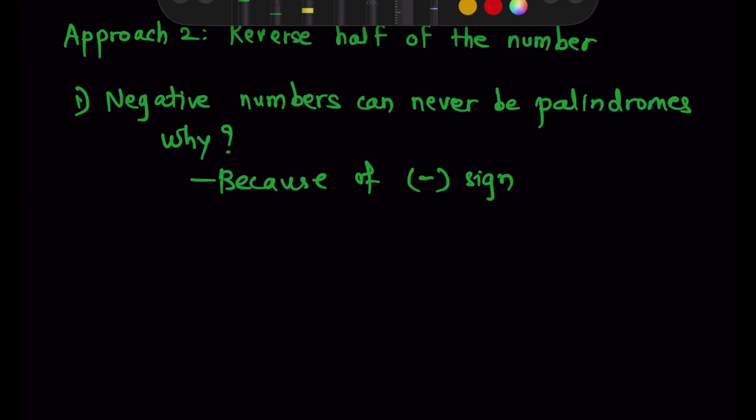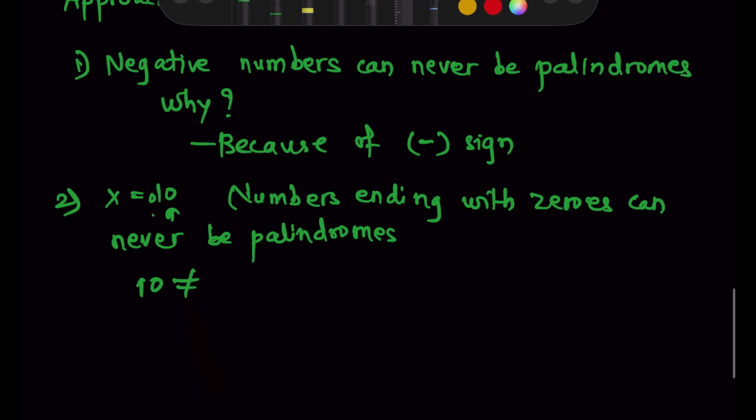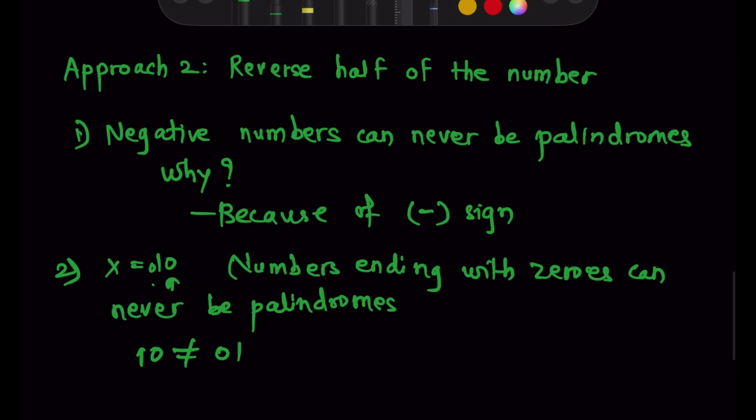So we can safely assume that negative numbers are never palindromes. Second observation, for the example x is equal to 10, we never start our number using 0. So the numbers which are ending with 0 can never be palindromes, since 10 is not equal to 1. These are the edge cases that you need to handle in your code.